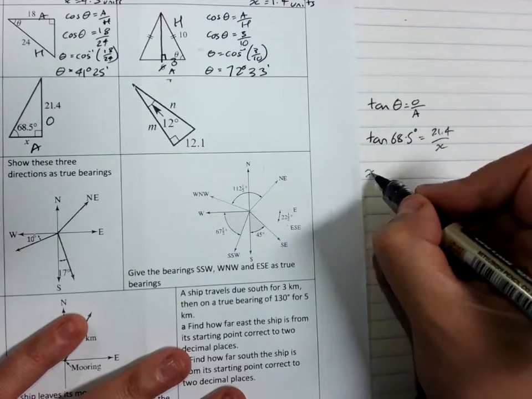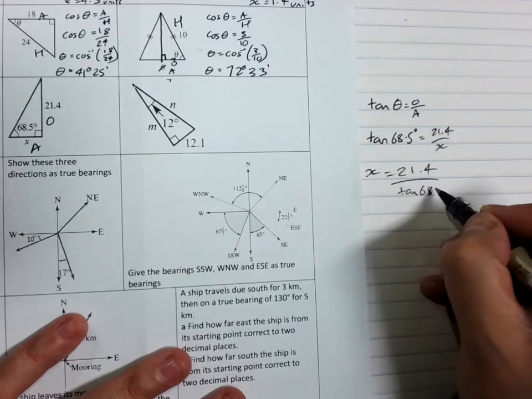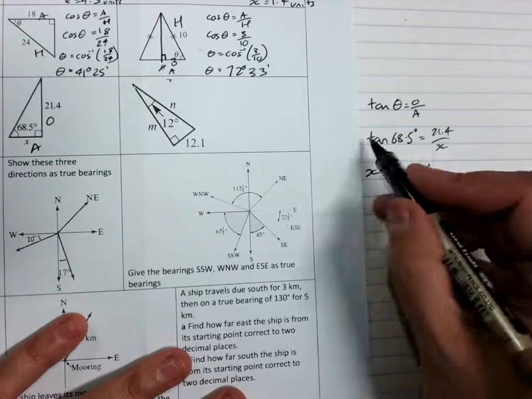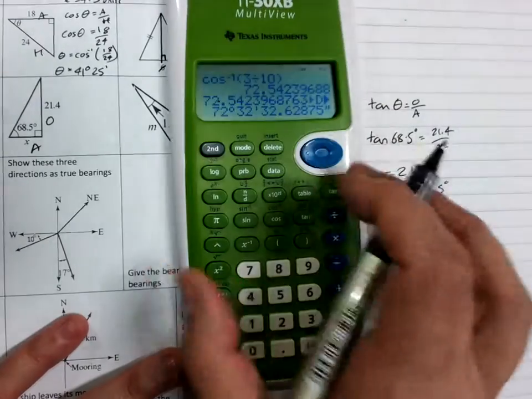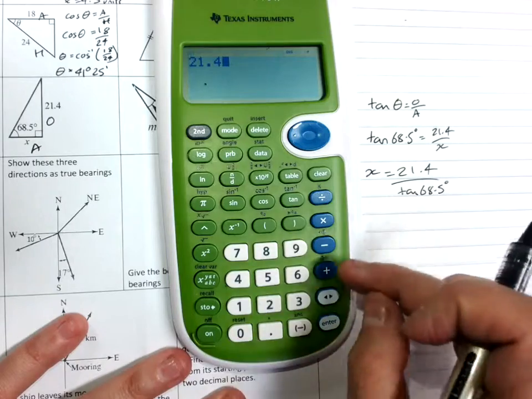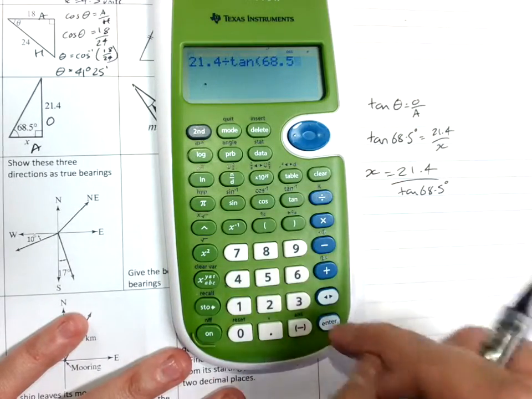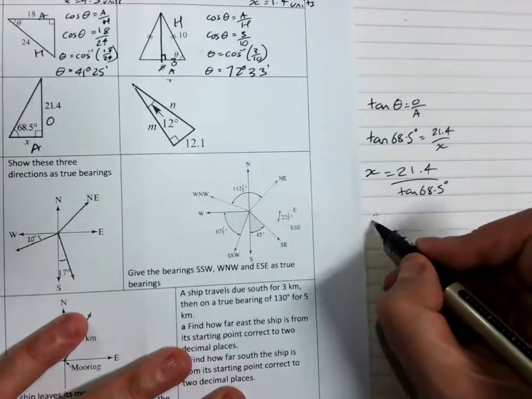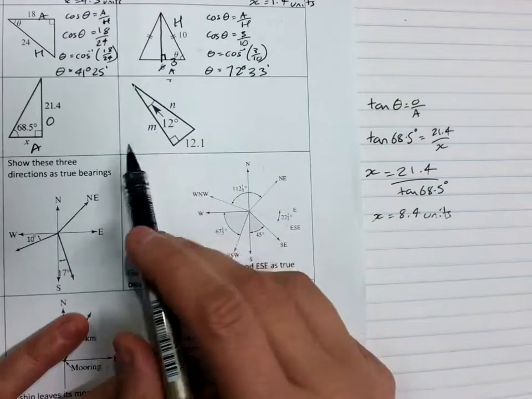Unknown is on the bottom, so we're multiplying by x and dividing by tan 68.5. Next question.